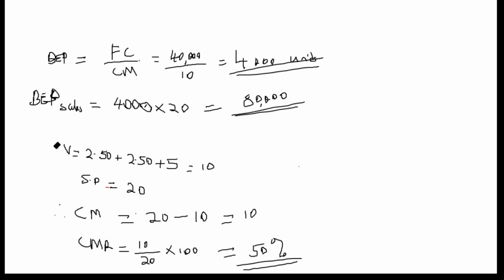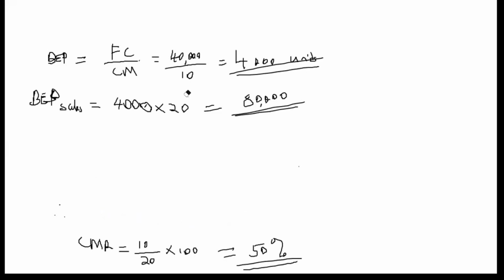So our margin of safety is equal to sales minus break-even point sales.